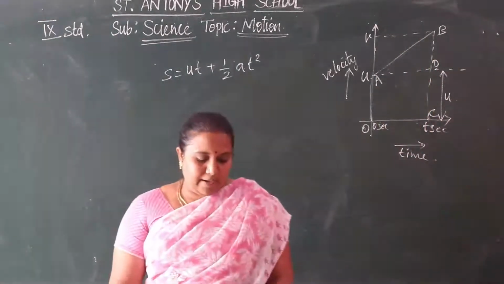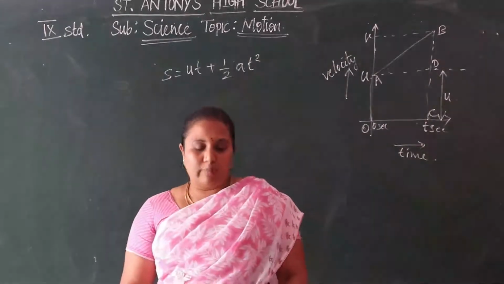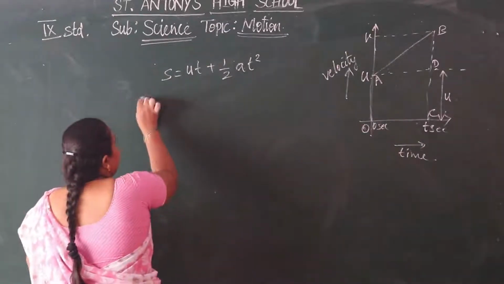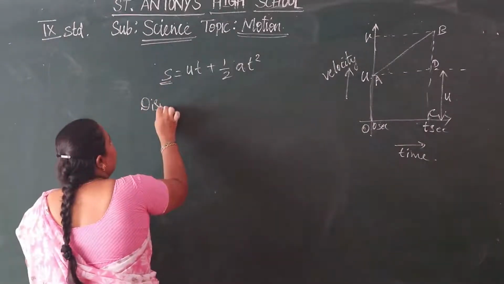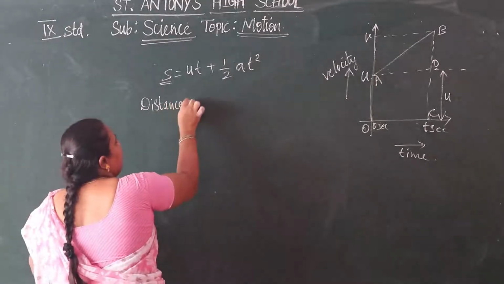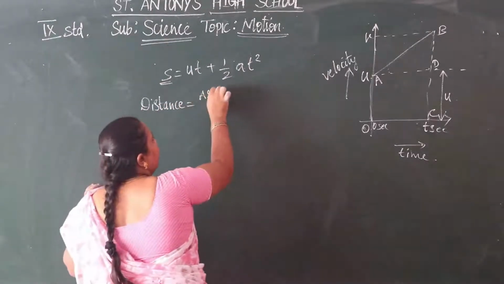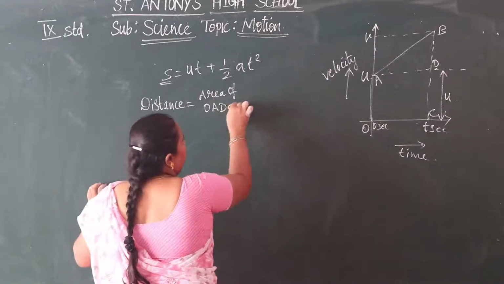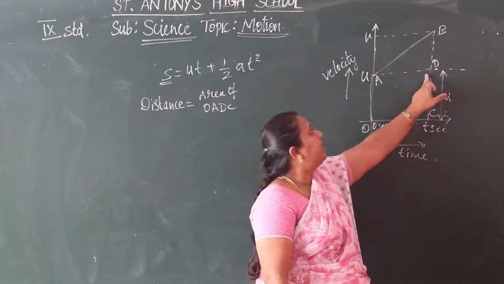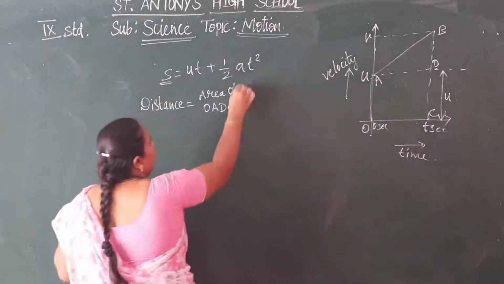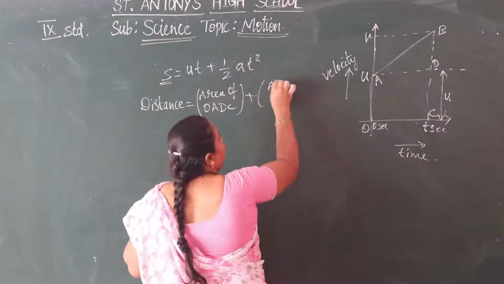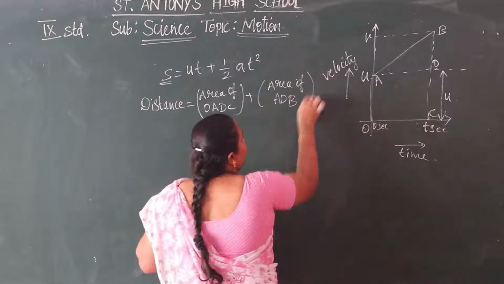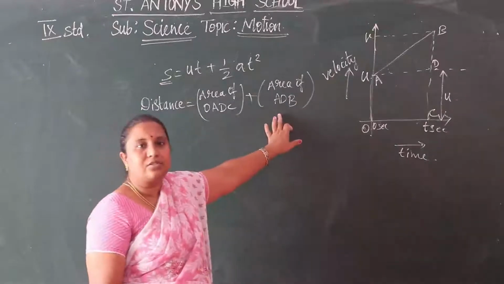We want to find the distance traveled by the object. The distance traveled by the object equals the area of OADC plus the area of ADB. This is a rectangle and this is a triangle.